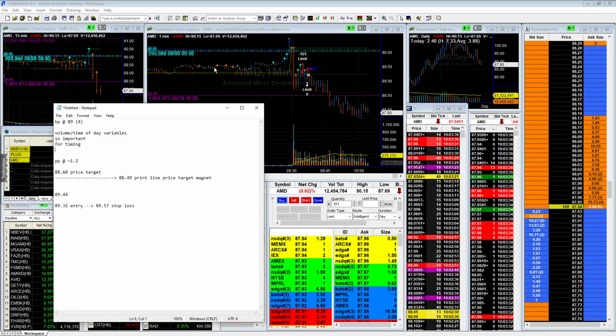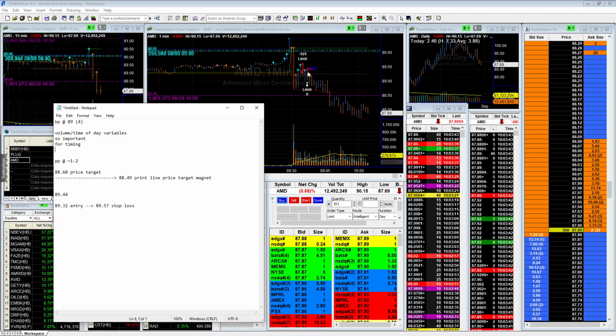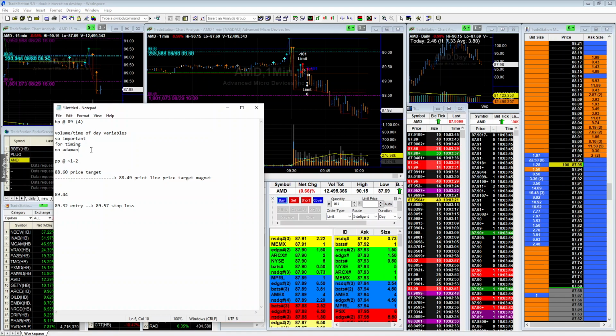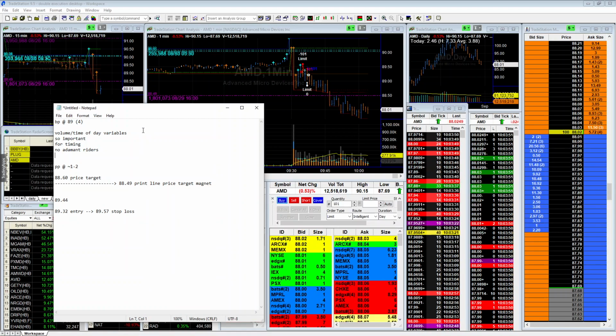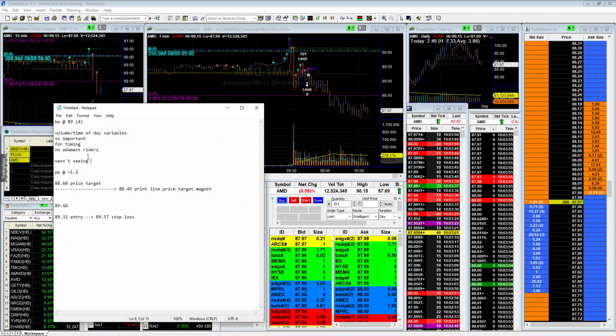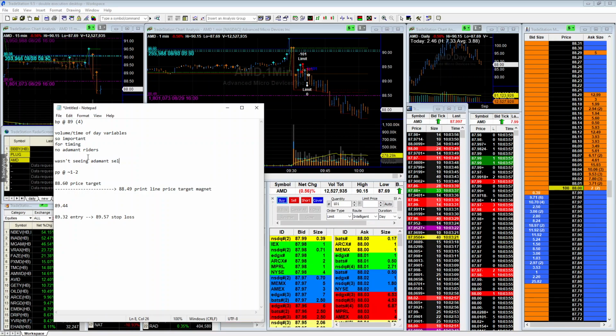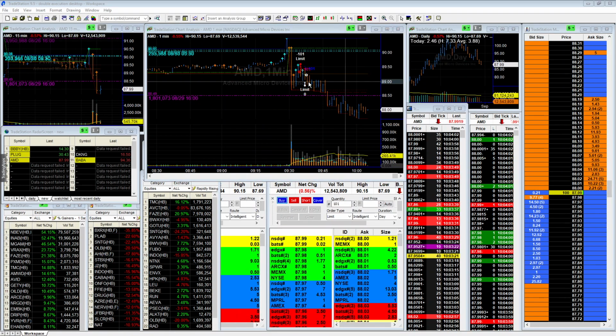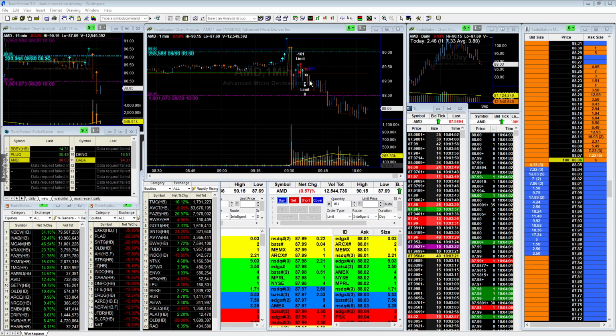The chances of it continuing up without new buying, no adamant riders coming in, was small. But I also just wasn't seeing adamant selling coming in. So as it held that 89 level where the market maker is, I was getting nervous.